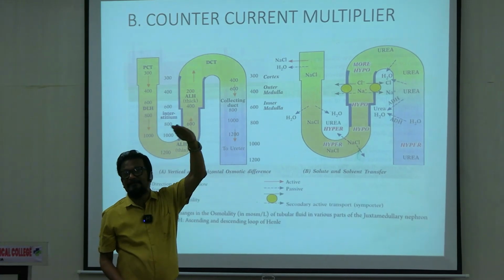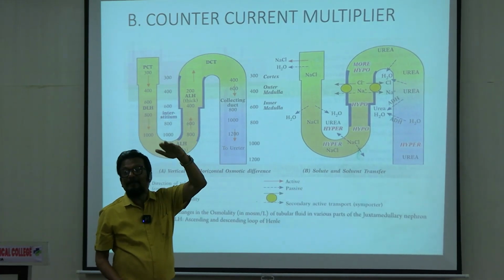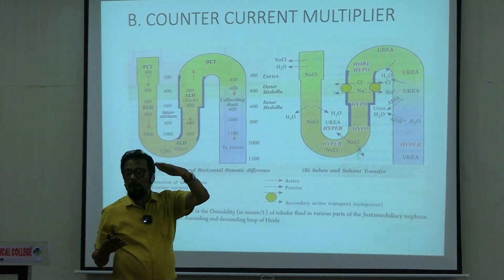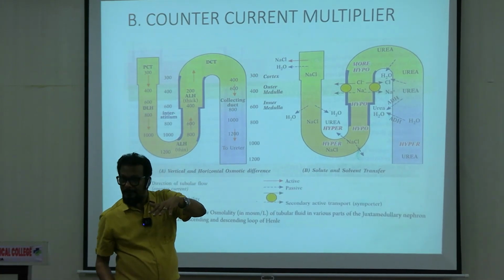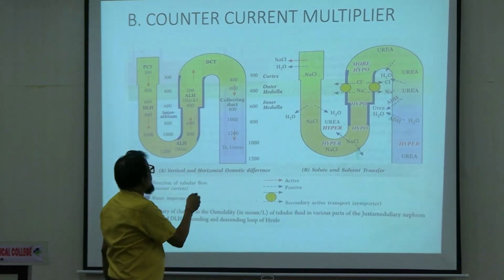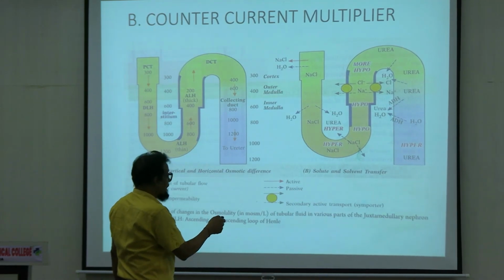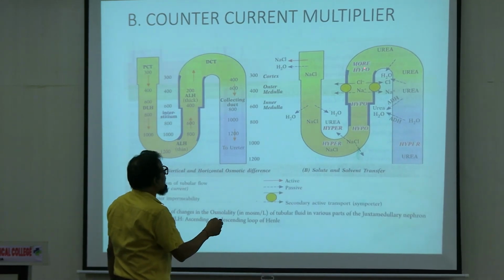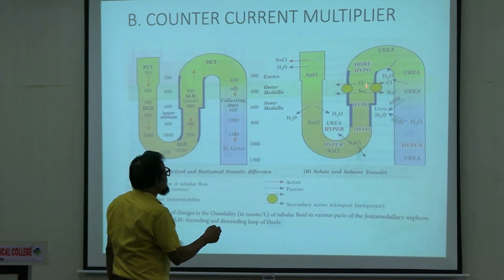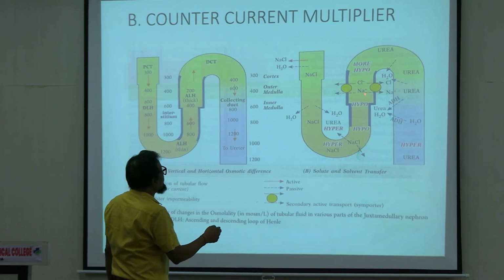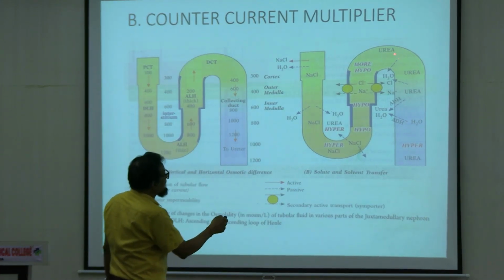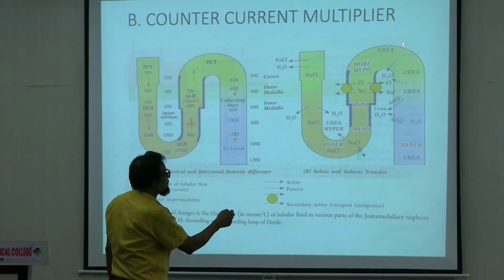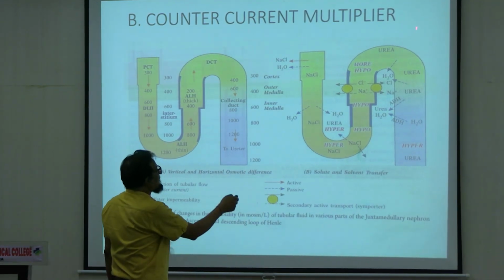One part remains in the cortex, and the bigger part, most of it, remains in the medullary region. So here, what happens? The diluted filtrate is coming, more hypo. Now it is entering here, coming to join the collecting tubule.